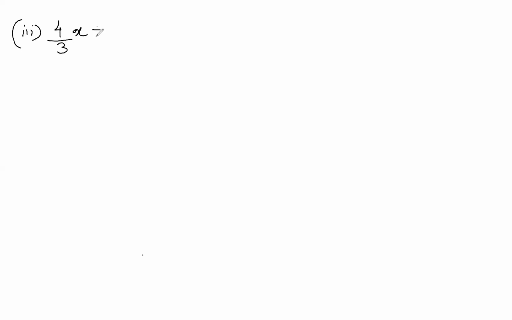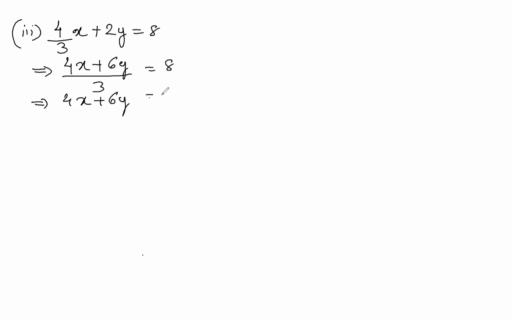When we take the LCM, 3 is the LCM, and we are going to get 4x plus 6y by 3 is equal to 24 by 3, or 4x plus 6y is equal to 24. Yes, Kevin got the answer already, correct. So we will take this to the left side. It is 4x plus 6y minus 24 is equal to 0, equation number 1.